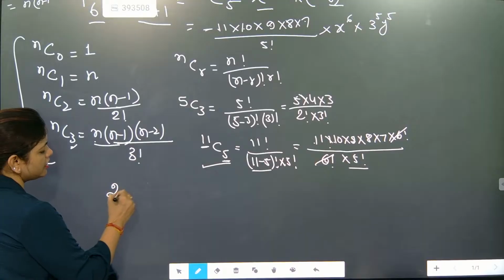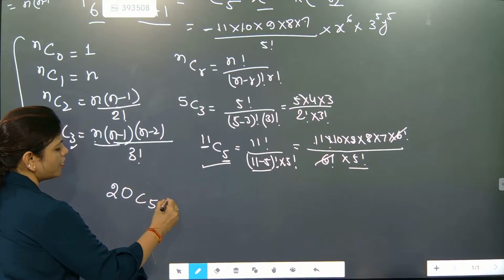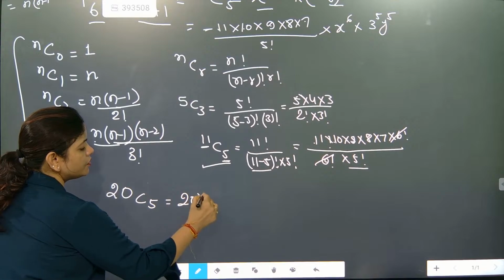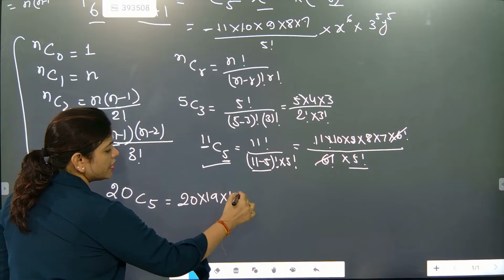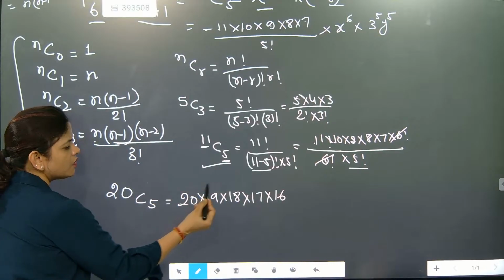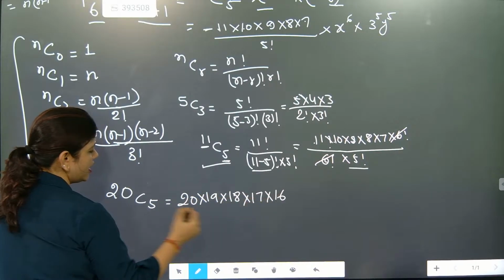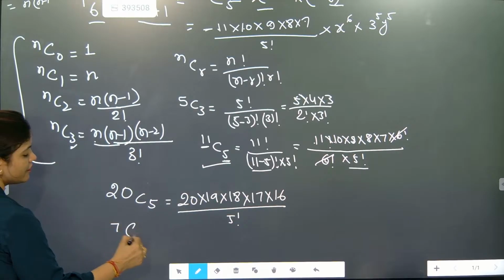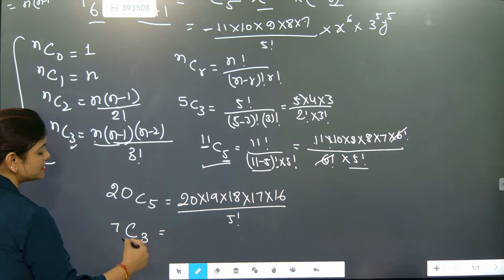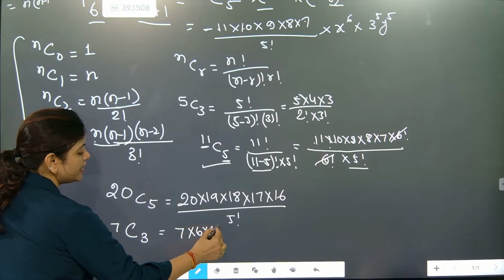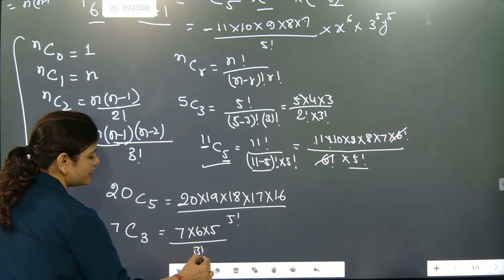If somebody writes 20C5, what are you going to write? 20 into 19 into 18 into 17 into 16, how many times open? 1, 2, 3, 4, 5, and directly 5 factorial. If somebody says 7C3, that means 7 will open how many times? 1, 2, 3 times, and then 3 factorial.